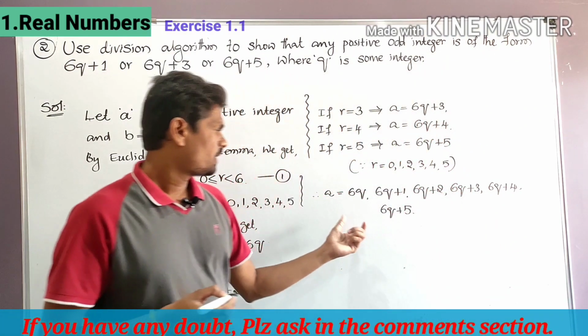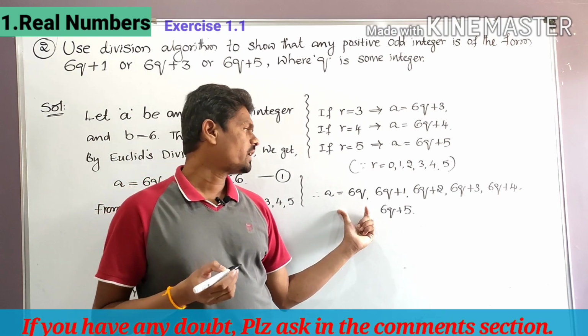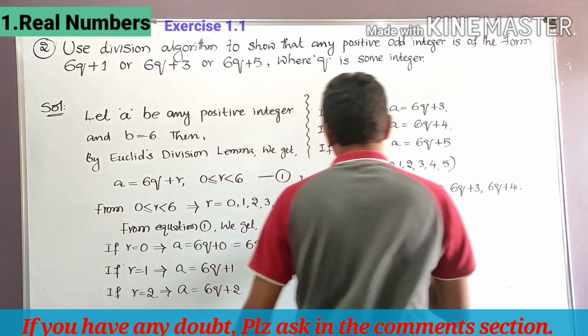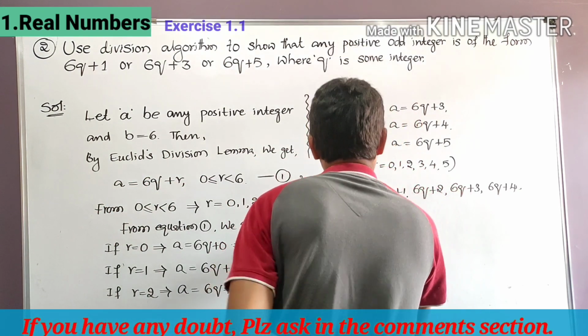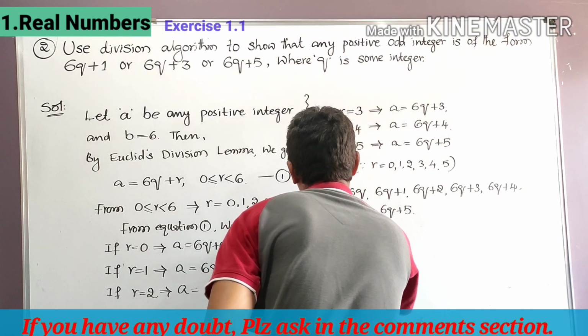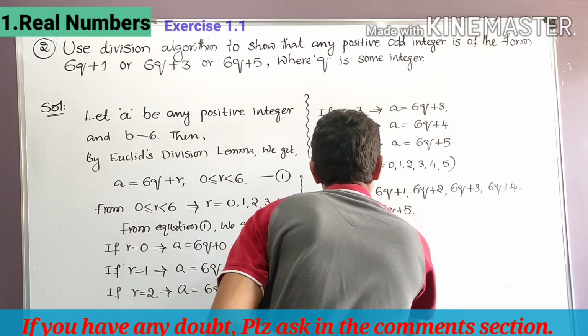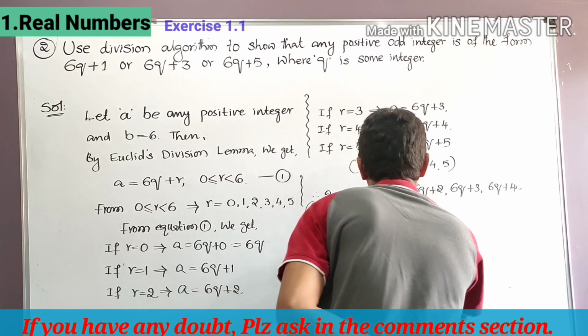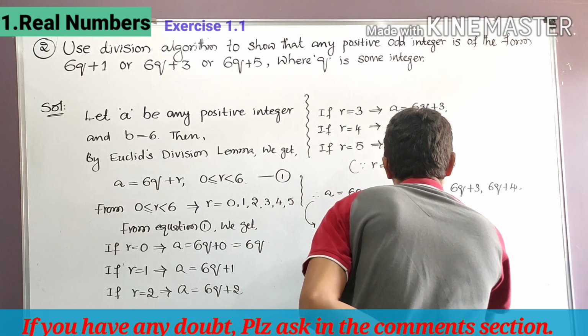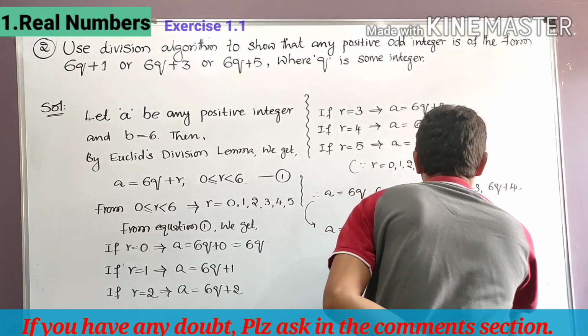Here we have to select only odd positive integers. If a is odd, then from this we can get a is equal to 6q plus 1 or 6q plus 3 or 6q plus 5.